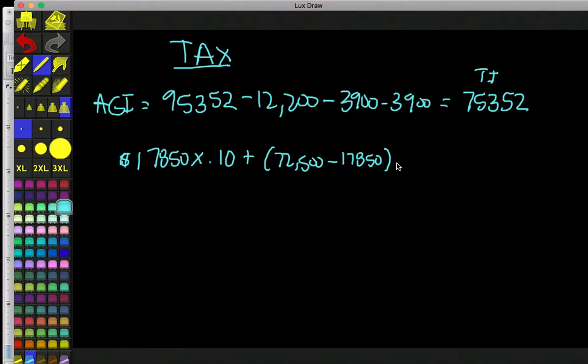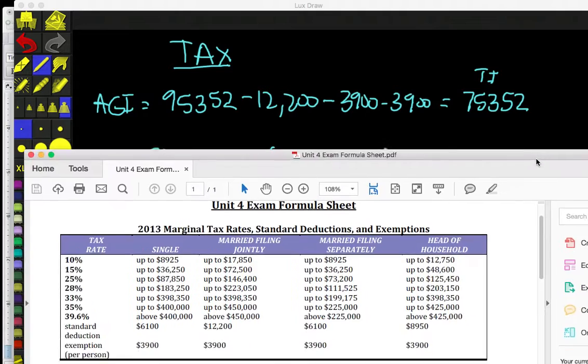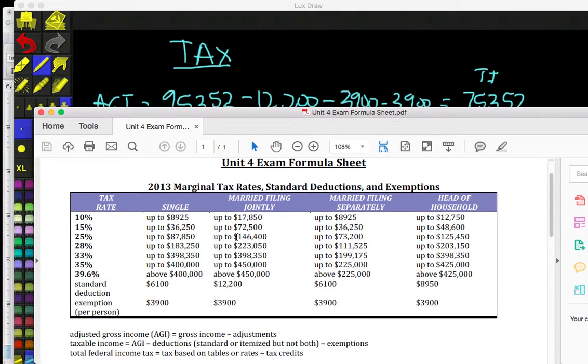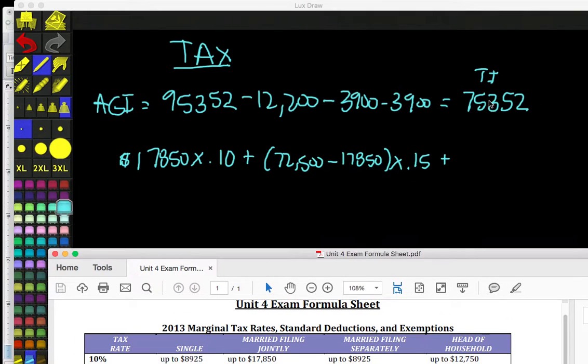That number is going to be multiplied by 15%. Then I'm going to do one last thing, because the next bracket goes clear up to 146. Okay, so I don't have to worry about that. I only have a taxable income of 75.